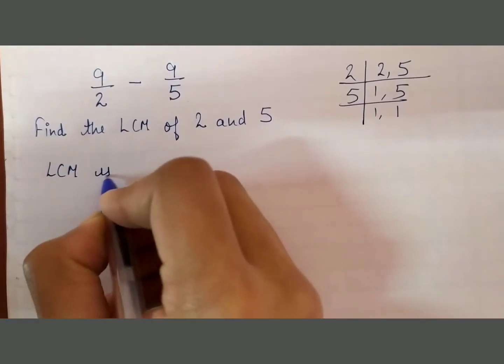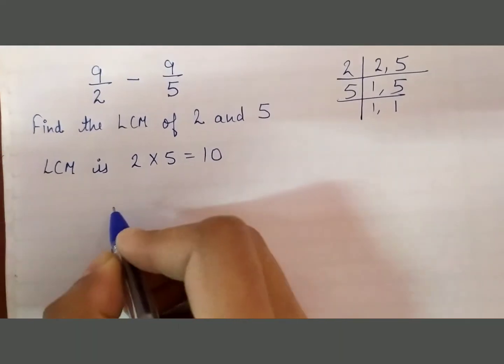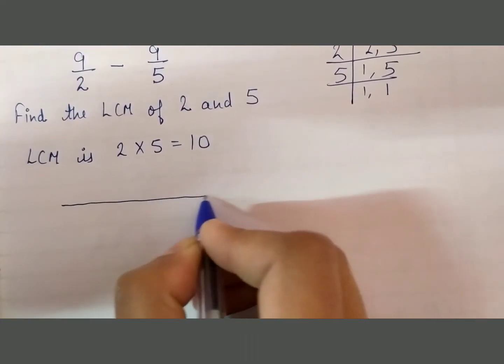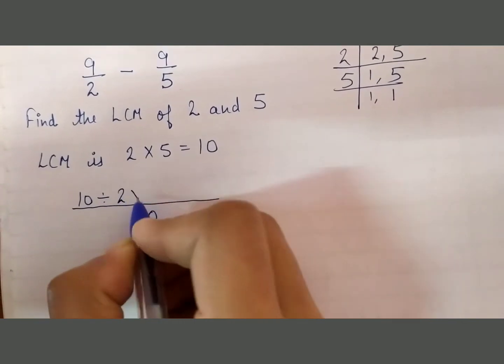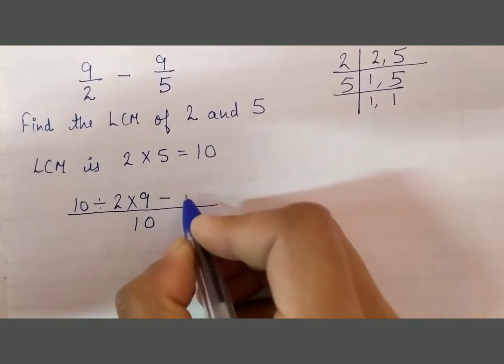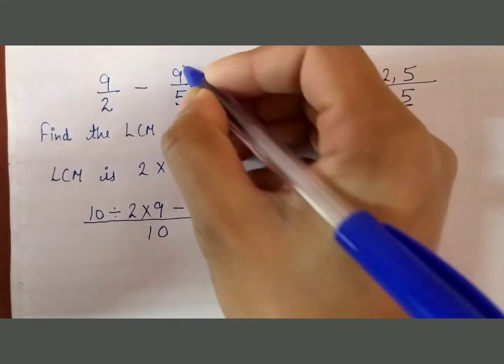LCM is 2 multiply 5, that is 10. 10 is a common denominator. Write 10 in the denominator. 10 divided by 2 multiply by 9 minus, again write 10 divided by 5 multiply by 9.